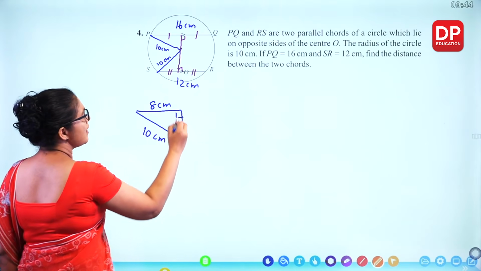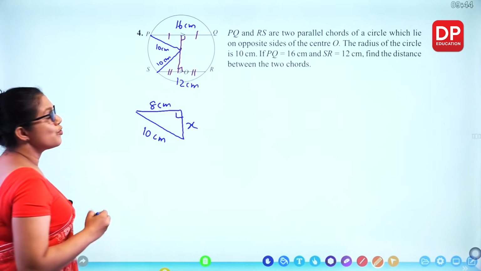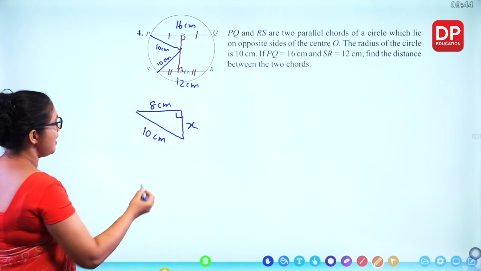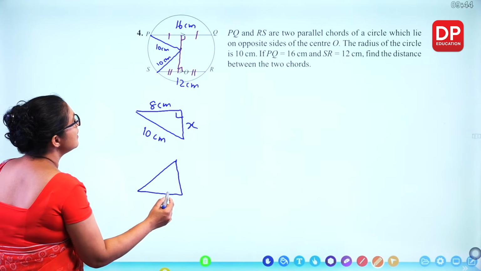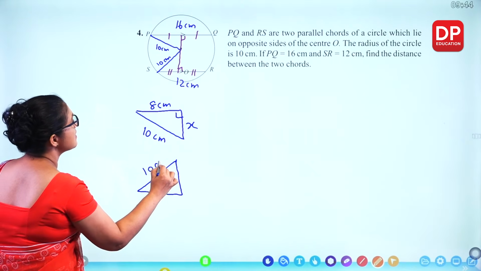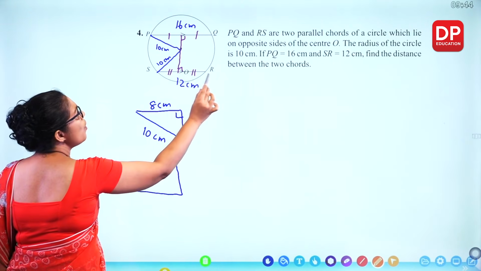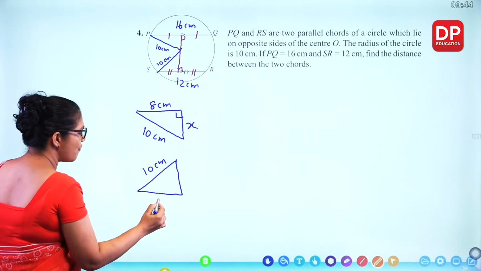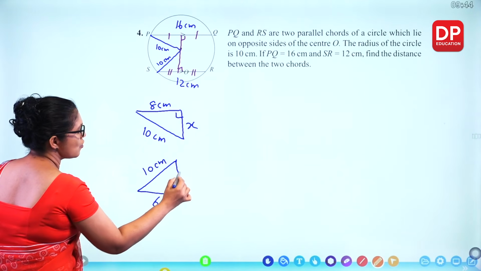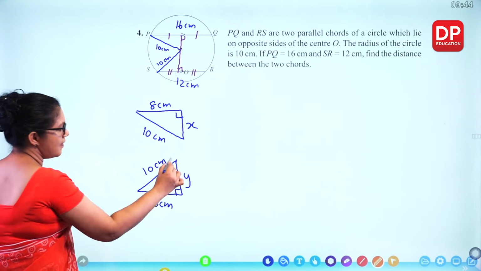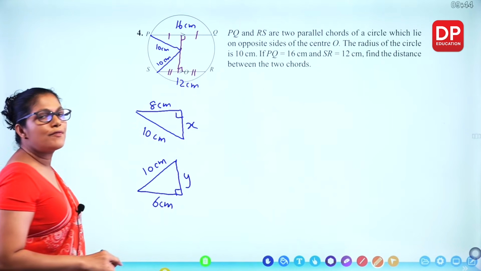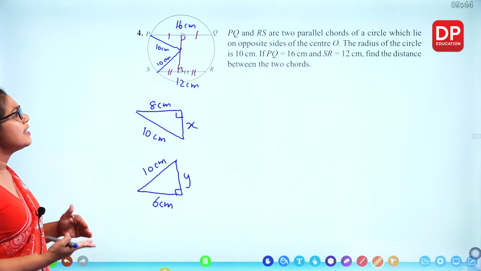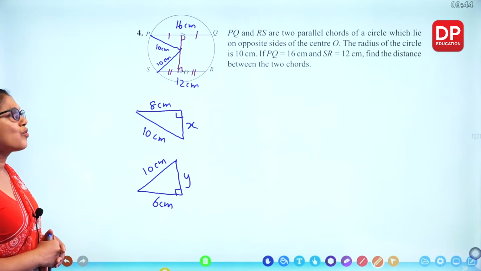So you can find this length using Pythagoras theorem. In the other triangle, this is 10 centimeters given and the whole chord is 12, half of it is 6 centimeters. So you can find this height. The total of these two heights becomes the distance between the two chords.